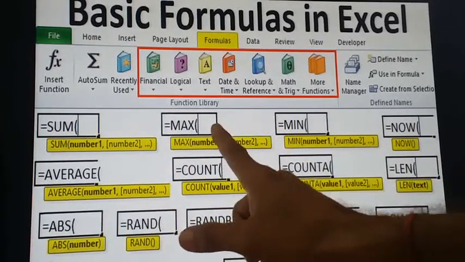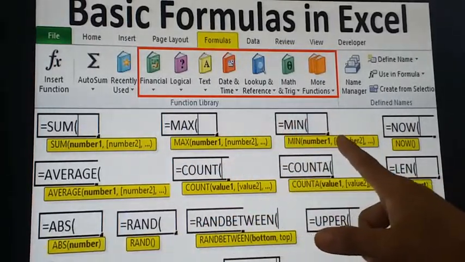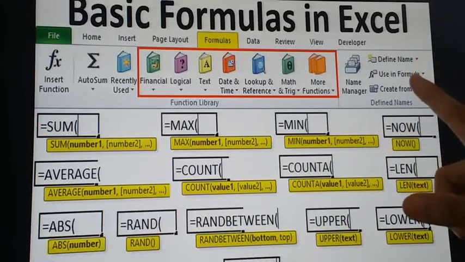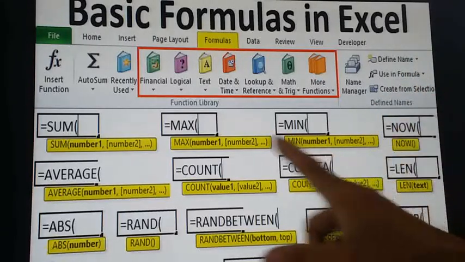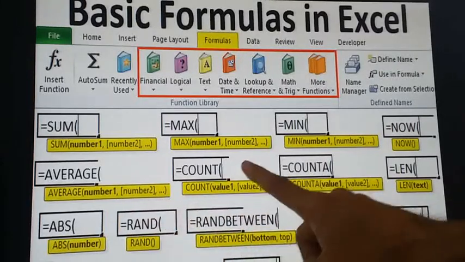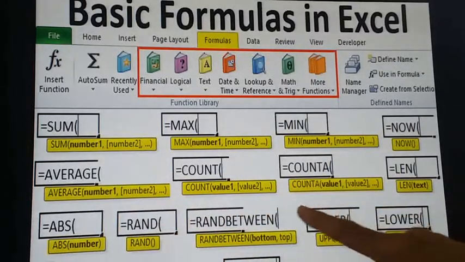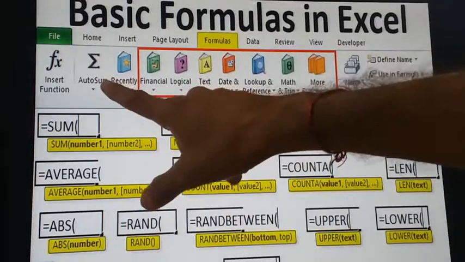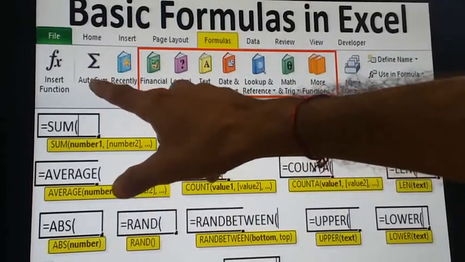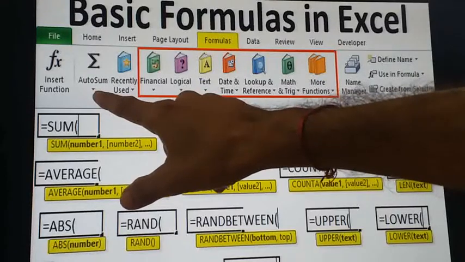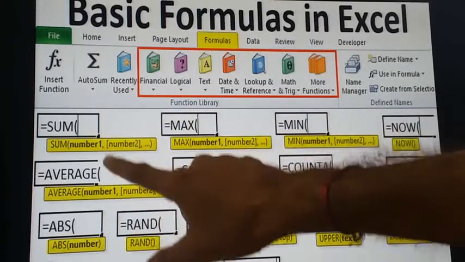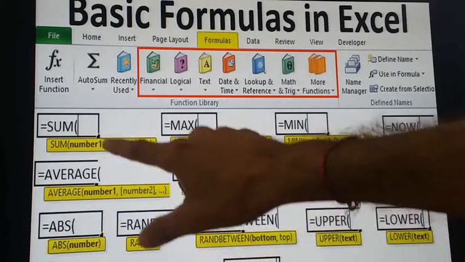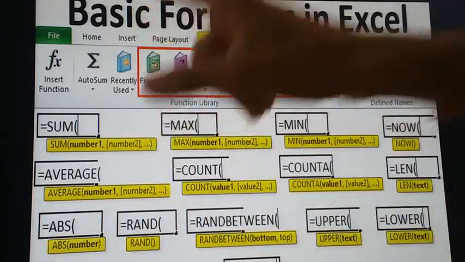We can find the maximum, the minimum, we can prepare time, dates, we can make average, counts, and many things are possible. We can use all the functions and formulas. So here the auto sum option is there. Using the auto sum option we can calculate easily. So one by one we'll discuss.